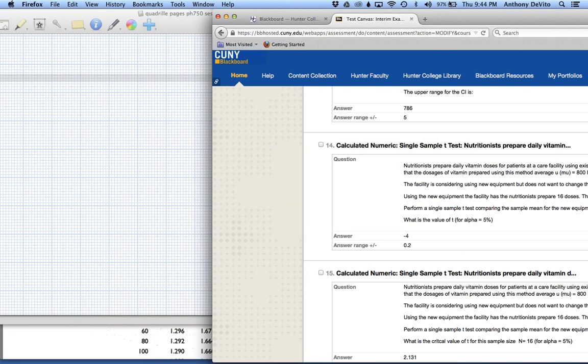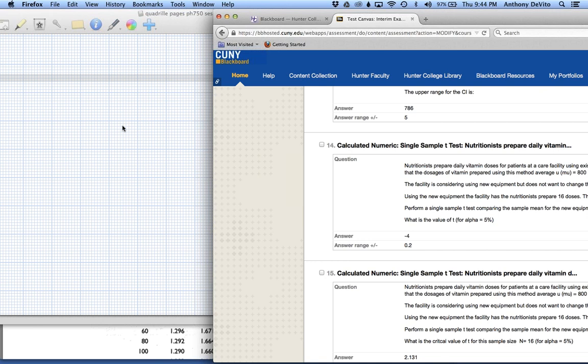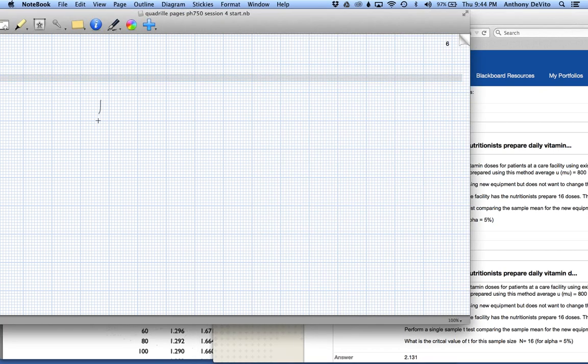Well, what was our calculation for the t-value for a single sample t-test? It's simple. When we get into two sample t-tests, it gets complicated because we have to either calculate a pooled standard deviation, or we have to do some special gymnastics to determine the degrees of freedom if we assume they're not equal standard deviations in the two groups that we sampled.